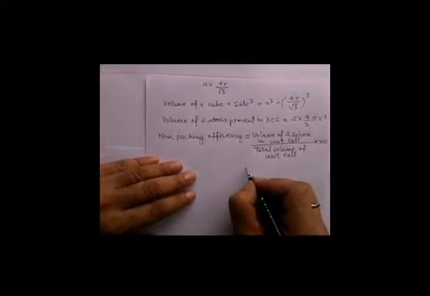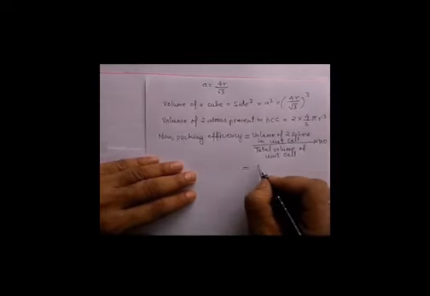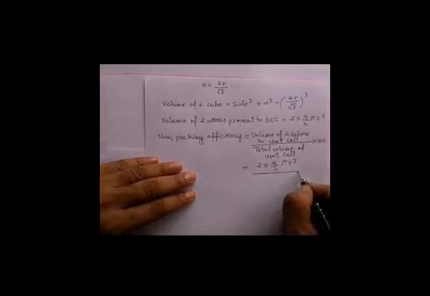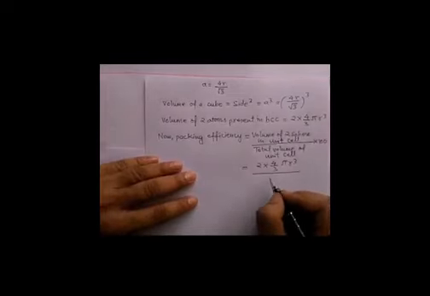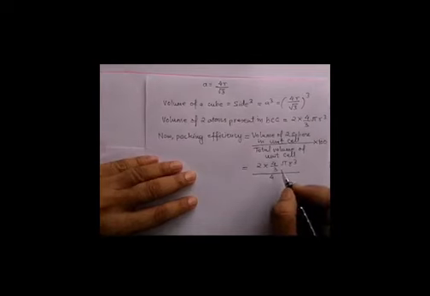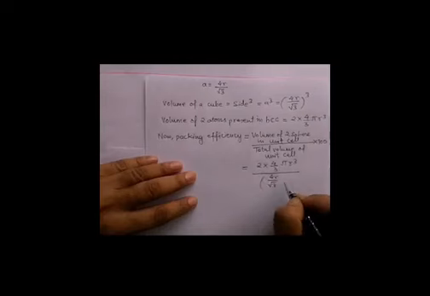Now put those values over here. First will be the volume of two spheres, 2 into 4 by 3 pi r cube, divided by the volume of the unit cell, 4r by root 3 whole cube.